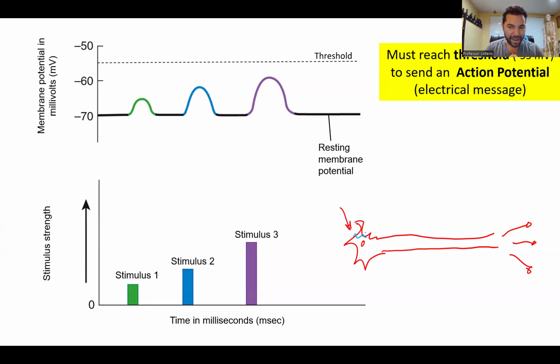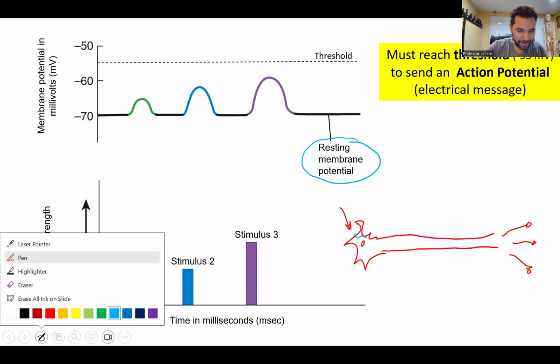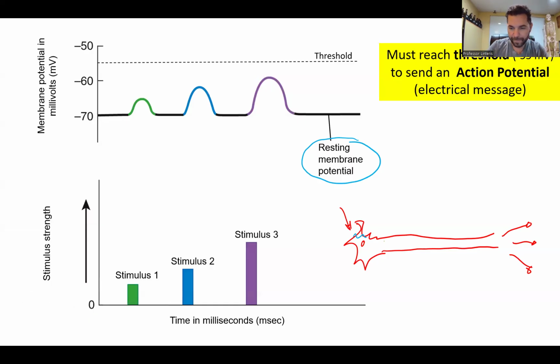So the key factor that we're introducing here is that all neurons have what we call a resting membrane potential. And because I have my picture of my neuron here, I will show you. The resting membrane potential of a neuron is slightly negative on the inside and slightly positive on the outside.